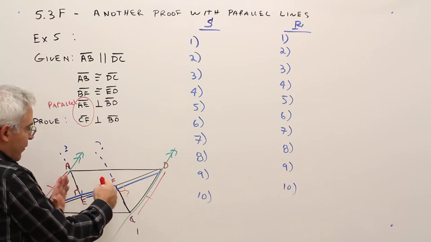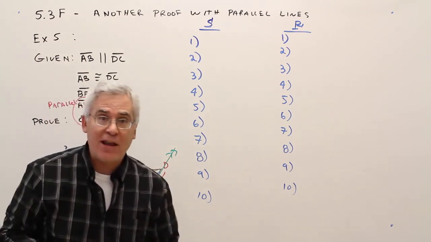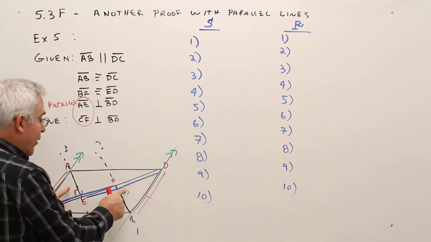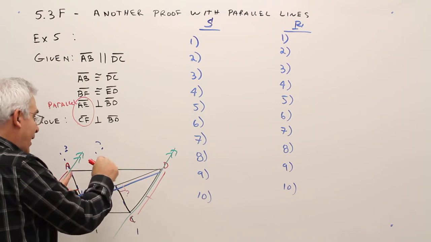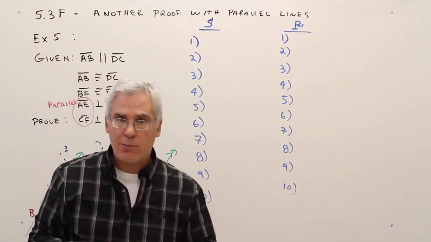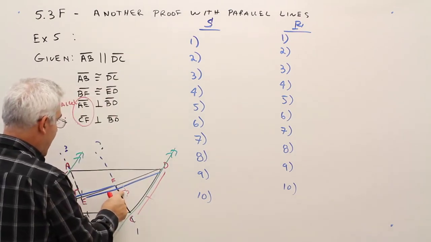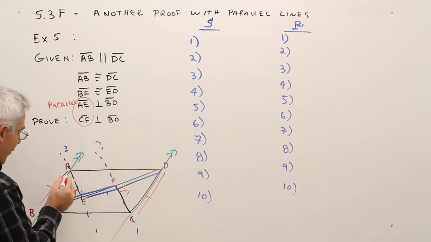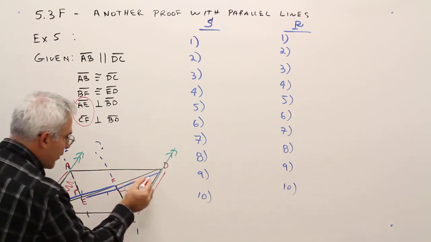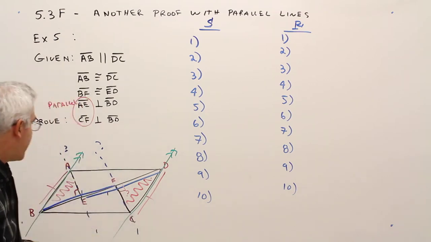These two angles are on the outside, on alternating sides, so they're alternating exterior angles. If I could get those angles congruent, then I could get those lines parallel, and then use that perpendicular theorem. To get those angles congruent, maybe I could get the triangles congruent. Those are the two triangles I'm going to be looking at.